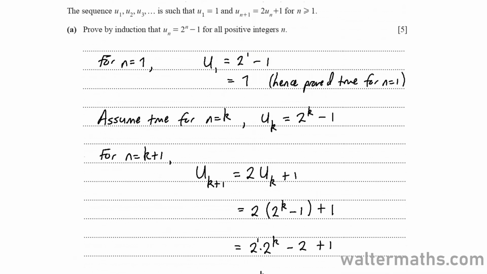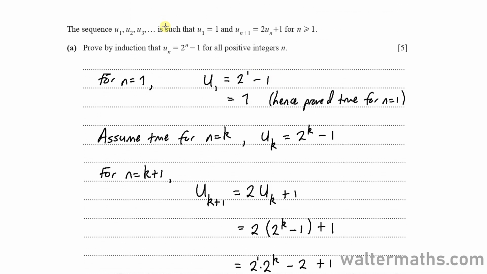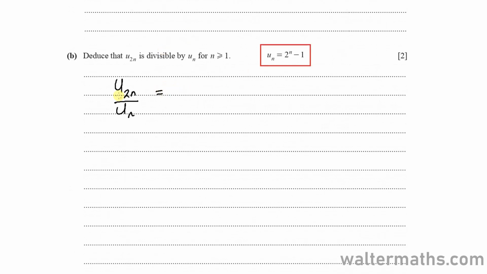We can take this formula here and let's place it here. So u sub 2n means we're substituting 2n here, so it'll give us 2 to the power of 2n minus 1, and that's all over u sub n, which is 2 to the power of n minus 1.